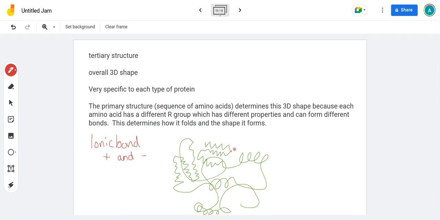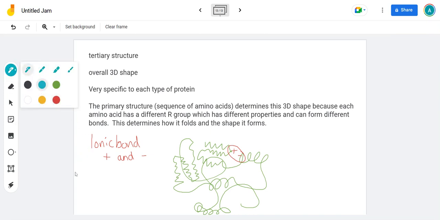Say we had an amino acid here with a positive charge and one here with a negative charge. They'd be attracted together and form an ionic bond, and that would pull that bit of the chain and that bit of the chain towards each other. So rather than these bits folding far apart, these two parts of the chain would fold in a way that pulls them close together.